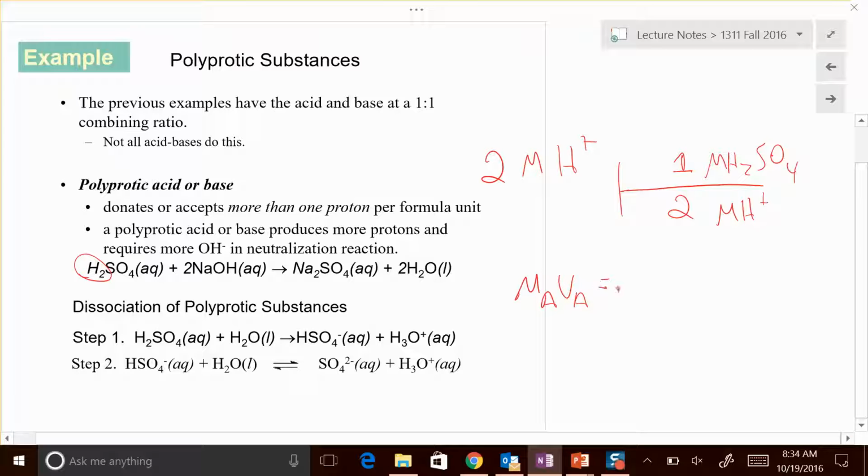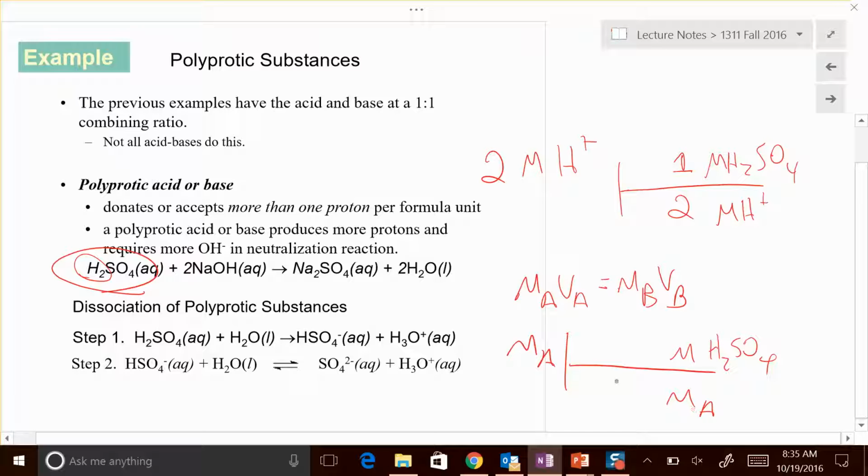So if I do MaVa equals MbVb, it's not accounting for that this is H2SO4. This equation does not account for that. So if I solve using that equation, I solve for the molarity of the acid. When I find it, I then need to do one final step, one final conversion to the molarity of H2SO4 from the molarity of the acid.